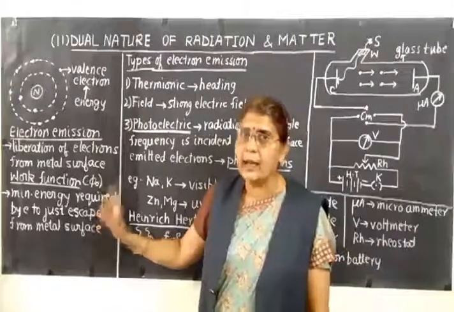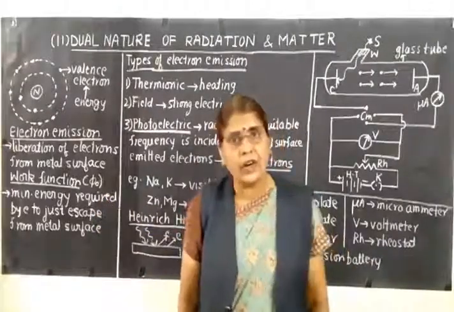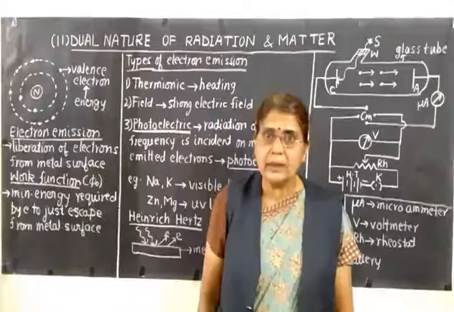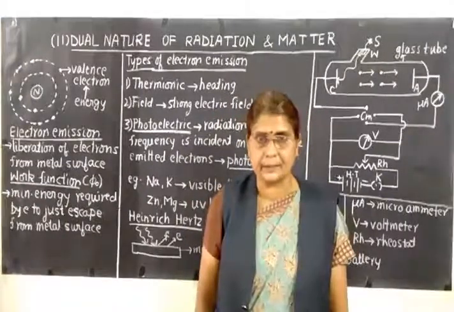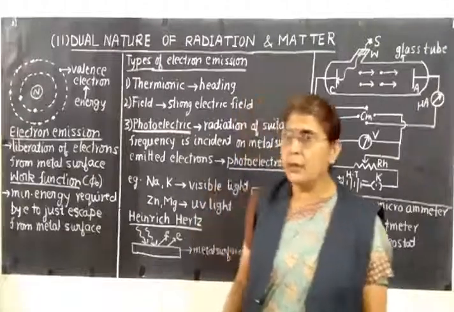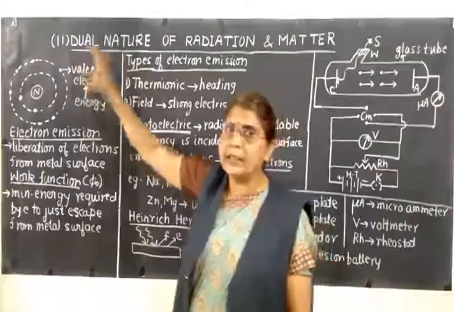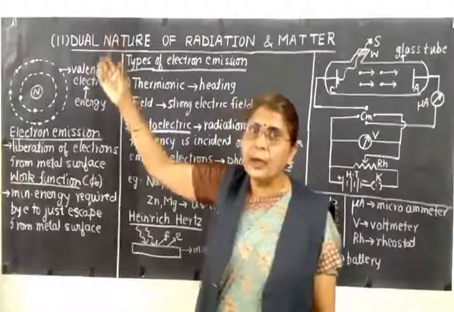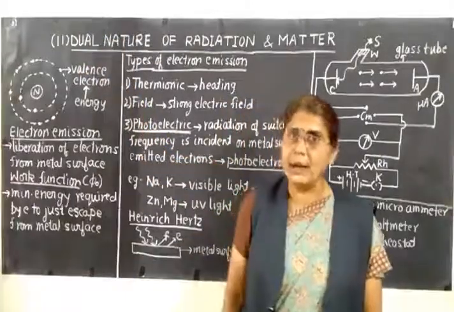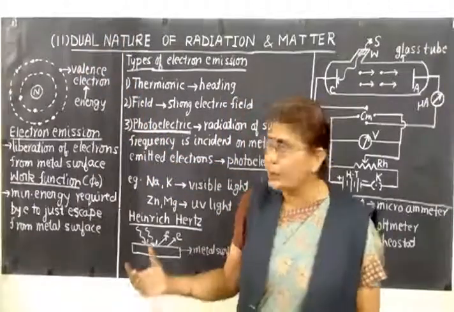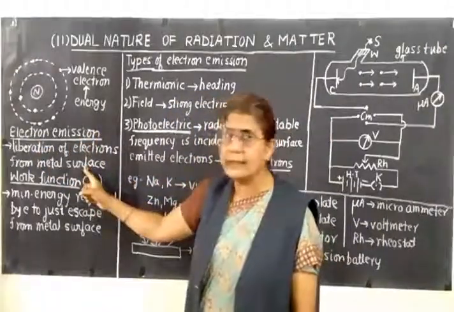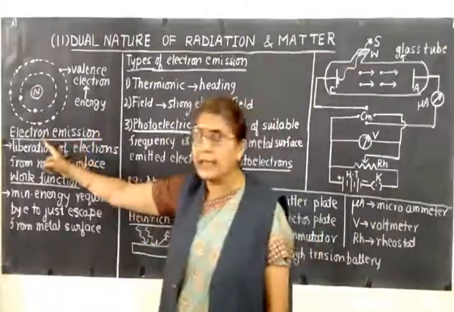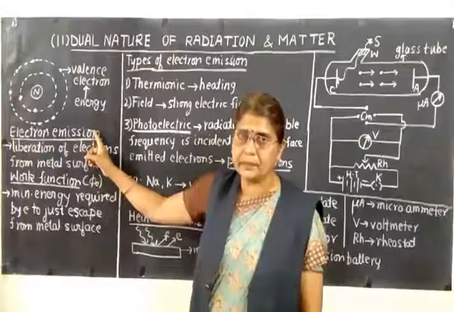This work function depends upon the metal surface; it is different for different metal surfaces. If you supply energy to the valence electrons, you can liberate the electrons from the metal surface, and this process is called electron emission.